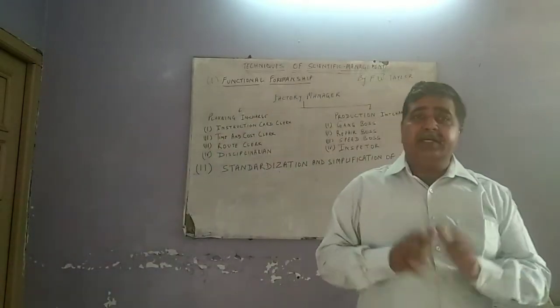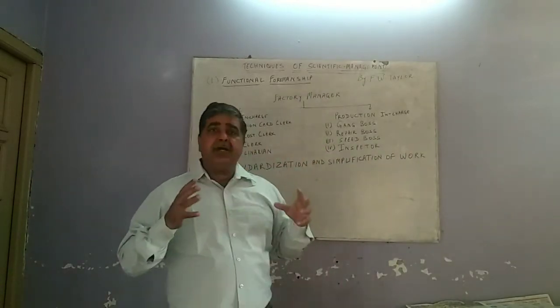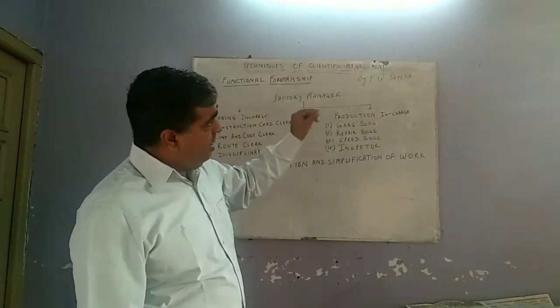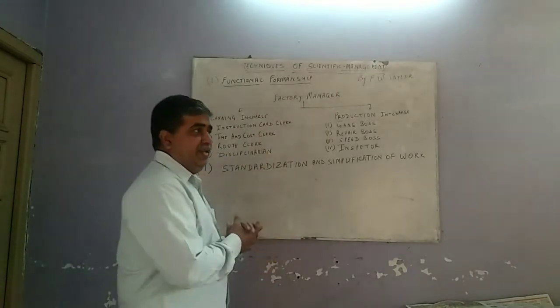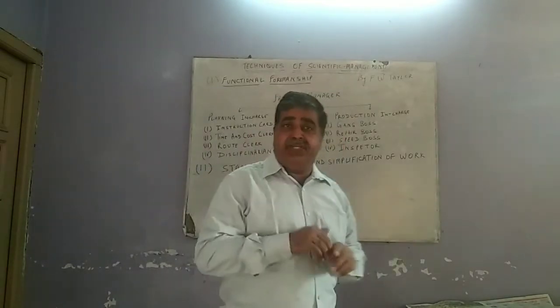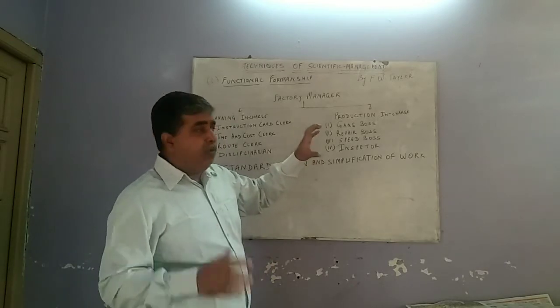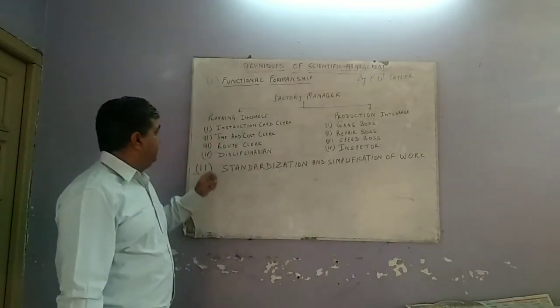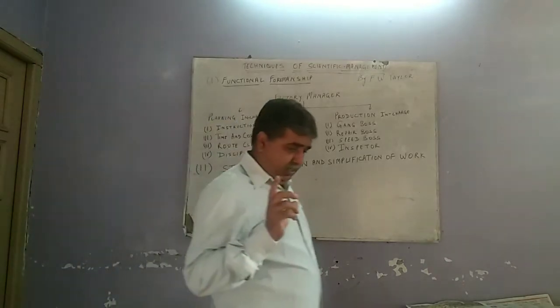The work of this clerk is to prepare the instruction card which will be put on every machine before the production process starts. So the worker who is going to work on that particular machine will see the instructions about the production process. And second is the time and cost clerk.